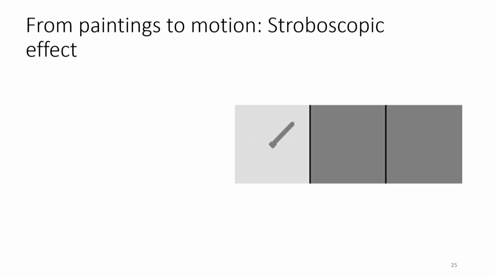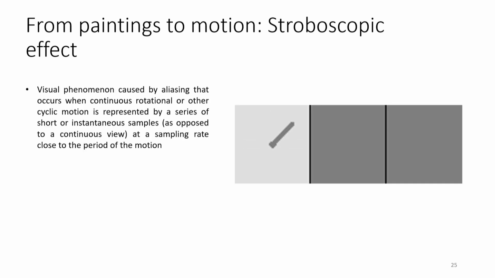A key effect that can help us understand this is the stroboscopic effect, which is a visual phenomenon caused by aliasing that occurs when continuous rotational or cyclic motion is represented by a series of short or instantaneous samples, as opposed to a continuous view, at a sampling rate close to the period of the motion. So, here you can see on the right an example of that.